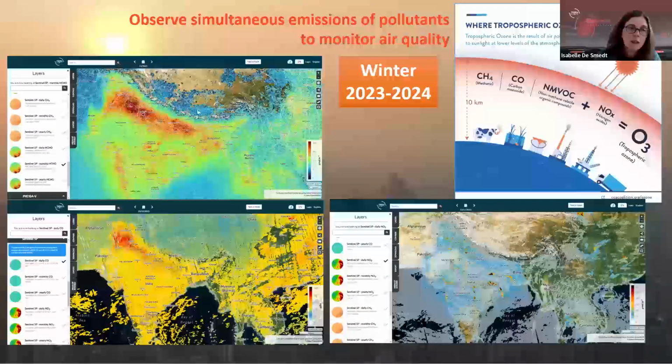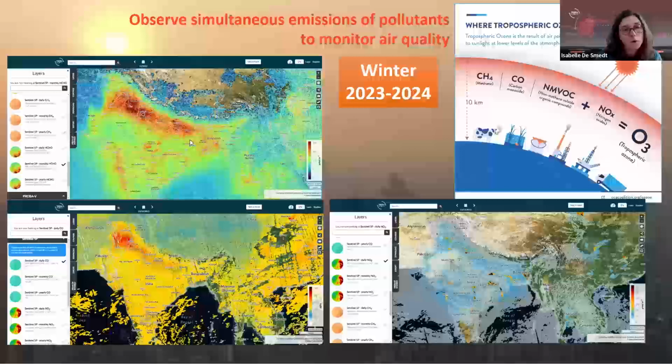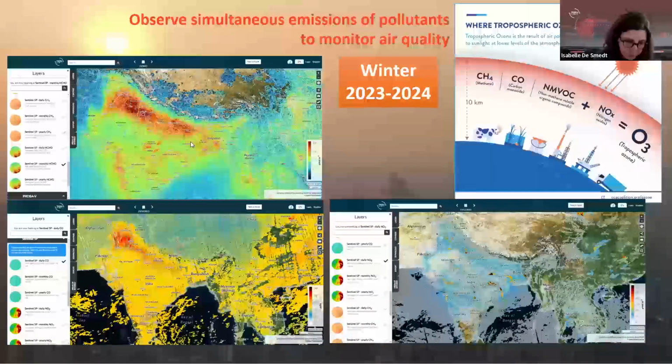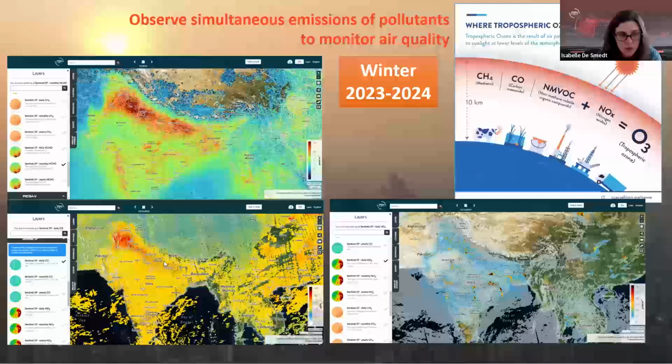For example, here I took 1 month of formaldehyde data in November 2023, and you can see, despite it's not summertime, so there are almost no biogenic emissions, the concentration and the level of formaldehyde are actually very high. Then I also show 1 day of CO with very large emission at the end of October in Pakistan.